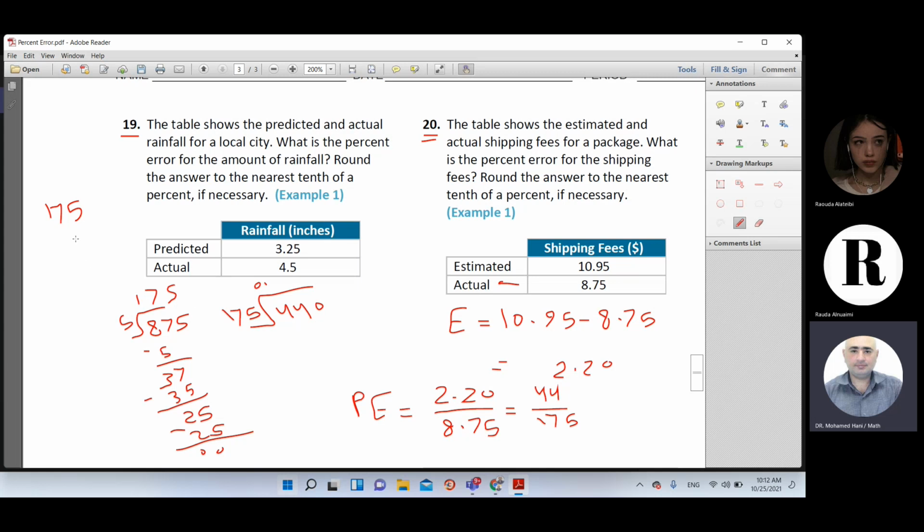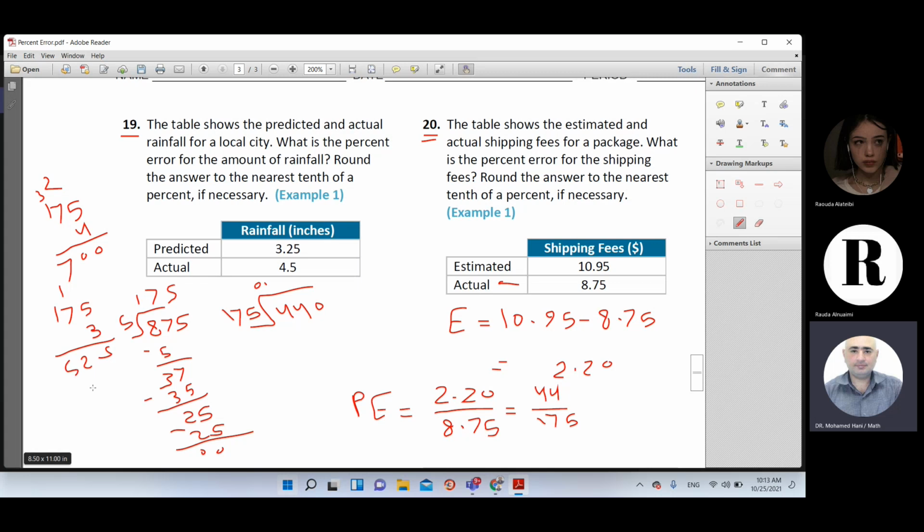So we can choose 4, for example. 4 times 5, 20. 4 times 7 will be 28, plus 2 will be 30. 4 times 1 will be 4, plus 3 will be 7. 700 is greater than, so we can choose 2 or 3. 3 times 5, 15. 3 times 7, 21, plus 1, 22. 3 times 1, 3 plus 2 will be 5.